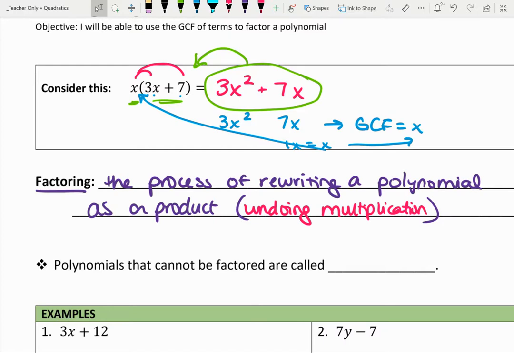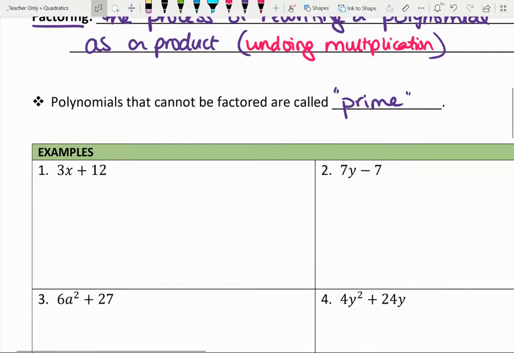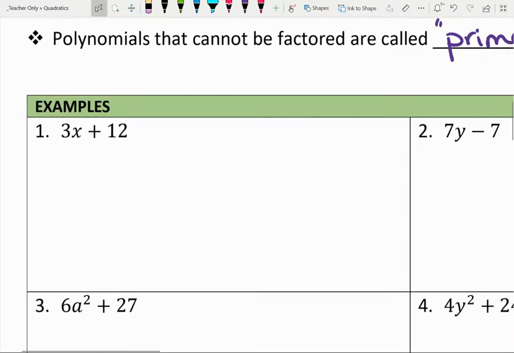I say it's undoing multiplication, but it's not exactly the same thing as division. That will come later. Just as a heads up, some polynomials cannot be factored. If they cannot be factored, we call them prime. Just like prime numbers, right, have nothing to be factored other than 1 and themselves, polynomials can also be considered prime. So we're going to do some examples to see how we might approach this.